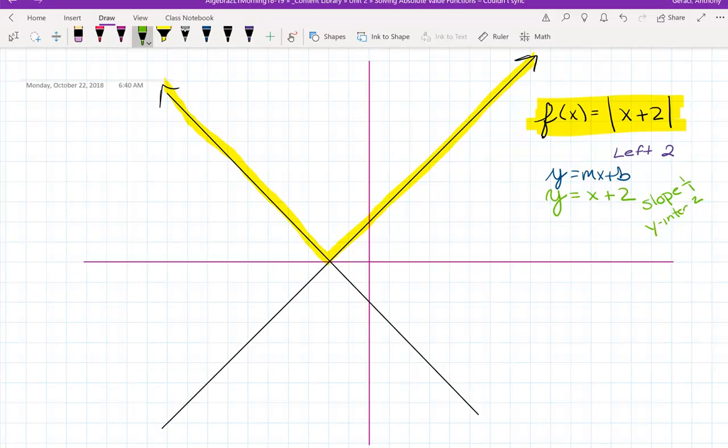So here's my y-intercept. Here's my up 1. Here's my over 1. And there's my line.